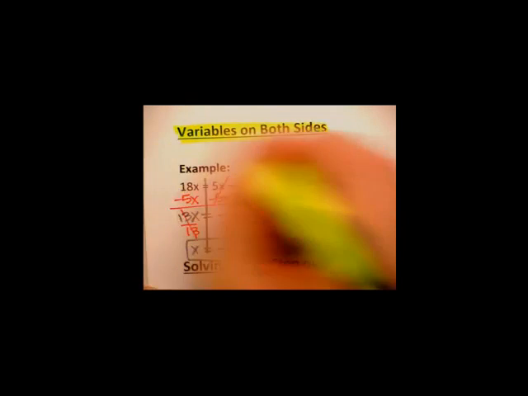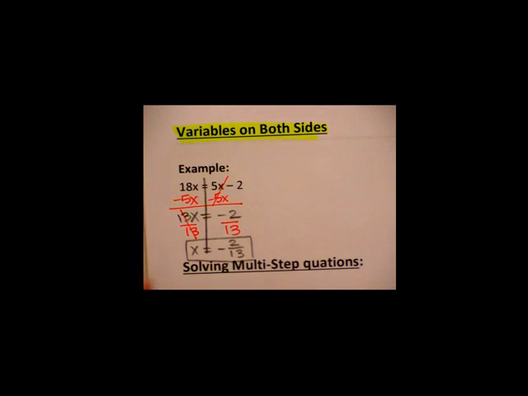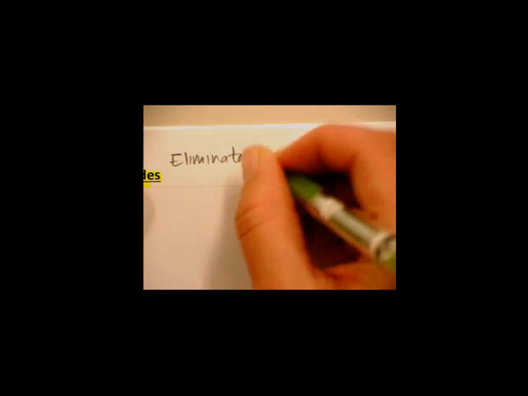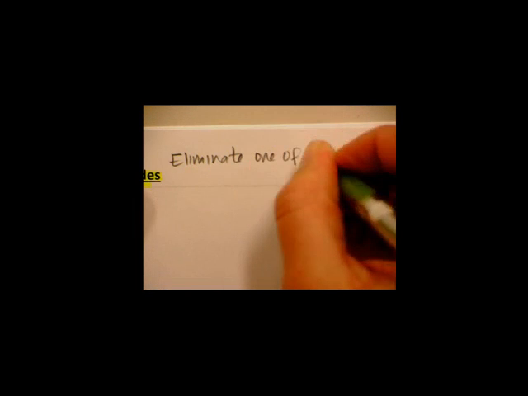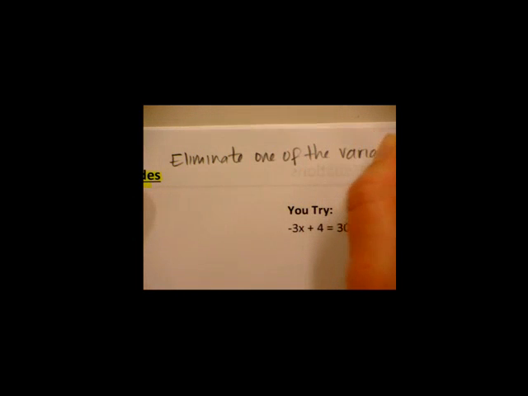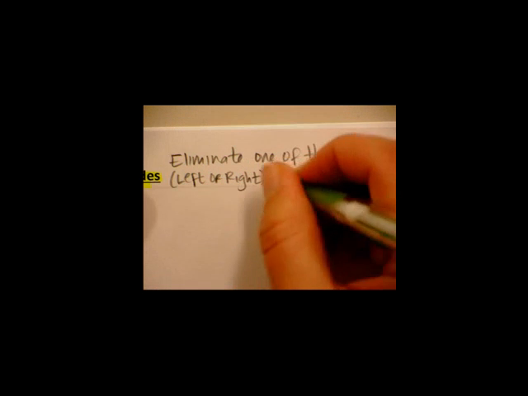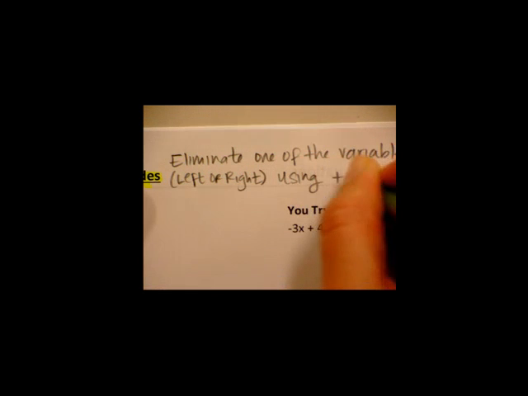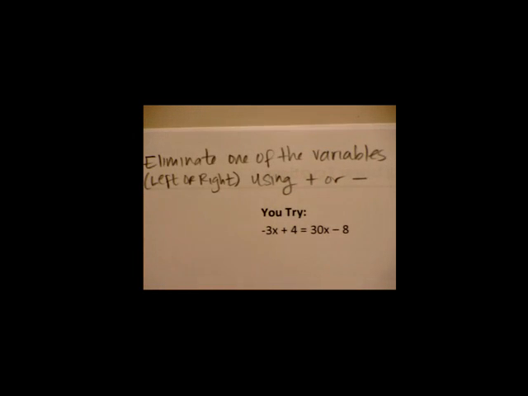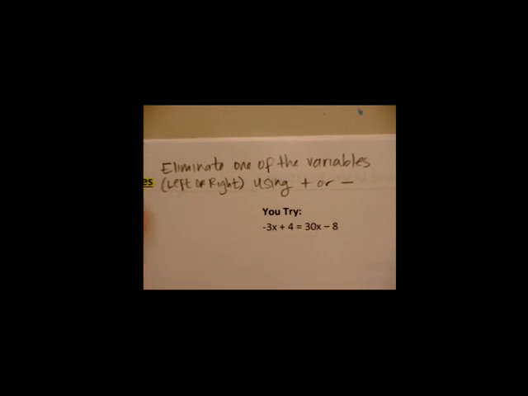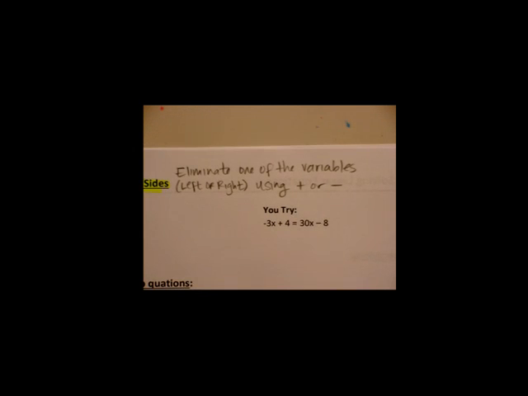So, when you have variables on both sides, you are going to eliminate one of the variables, either on the left or the right, doesn't matter, using addition or subtraction.